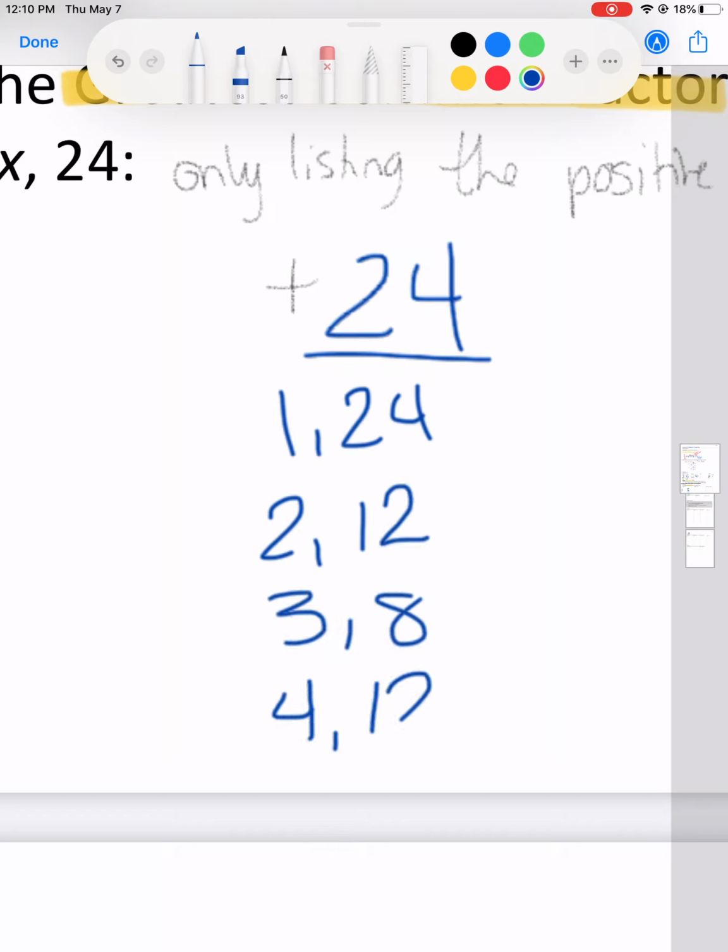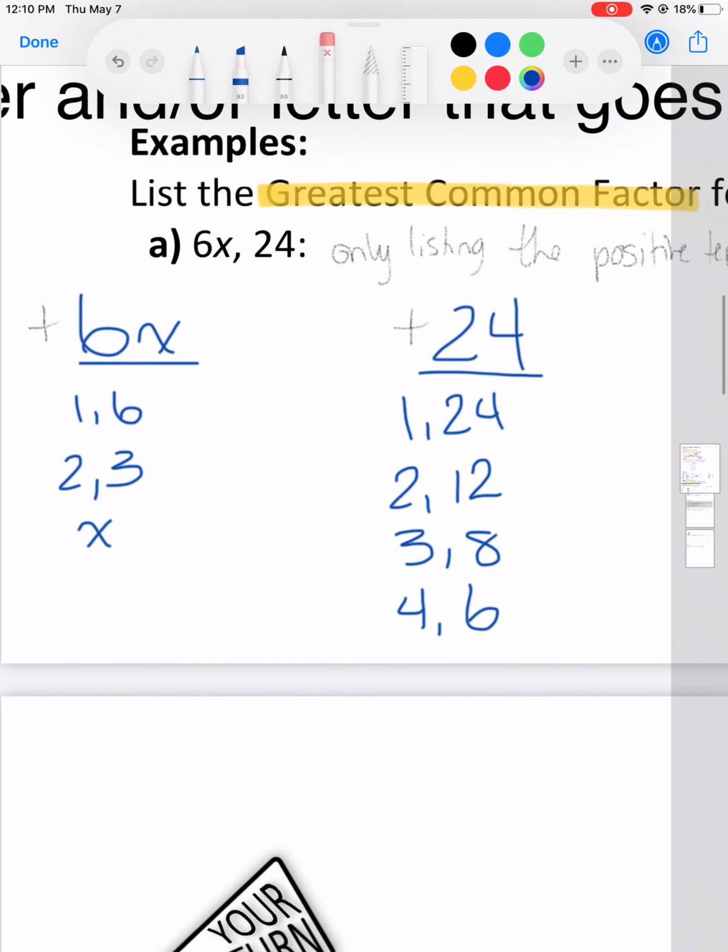Okay, so now what we have to do is find the number that's listed under both categories. We have to find the biggest number under here and the biggest one under here.